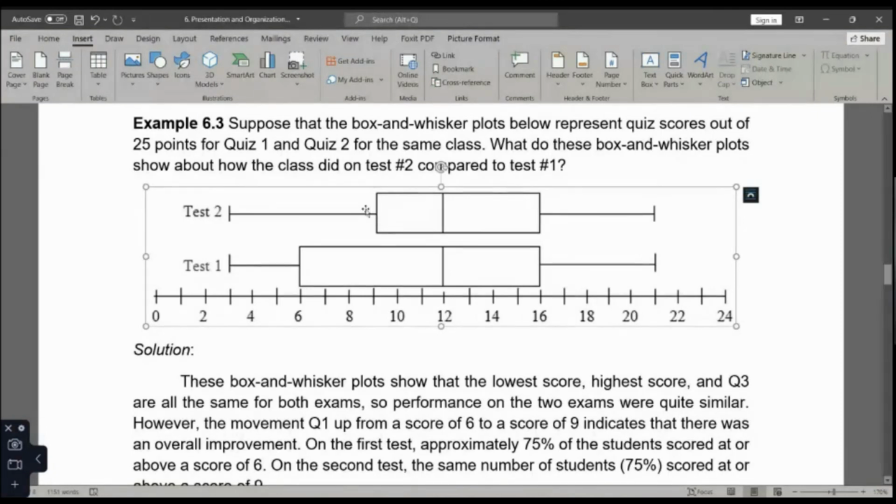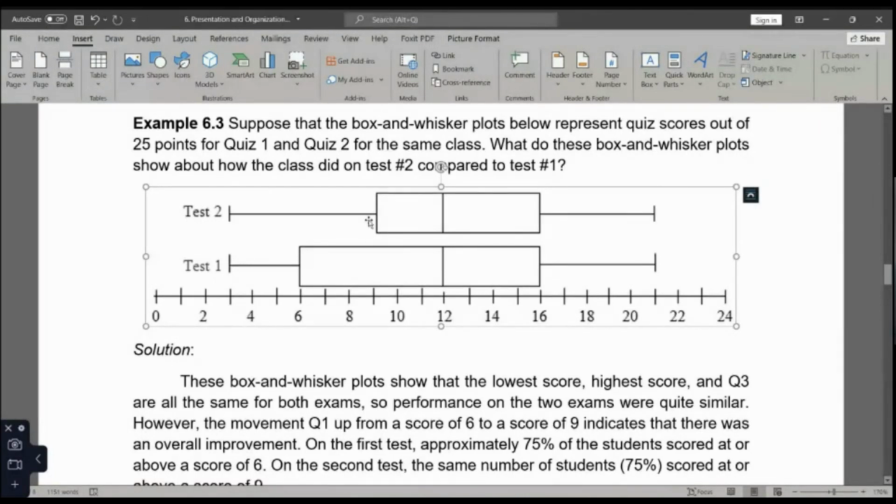This means to say that during test number 1, 75% or majority of the students got 6 and above. But in test number 2, majority or 75% of the students got 9 and above. So malaking difference yun, guys, no? Mas tumaas yung or nag-improve yung performance ng mga bata during test number 2.